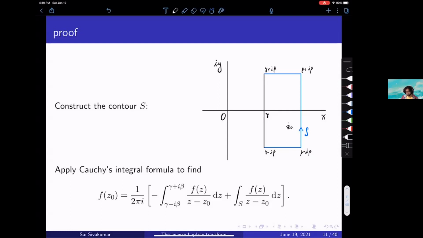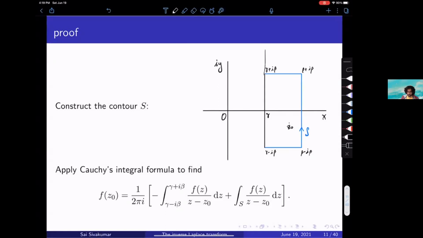And later we're going to take beta to be arbitrarily large, so this thing does go out all the way later. But for now, we make a rectangular contour like this. So we take the part that we started with, and then we add on the part going around in the box-like manner. And this box should surround z naught.